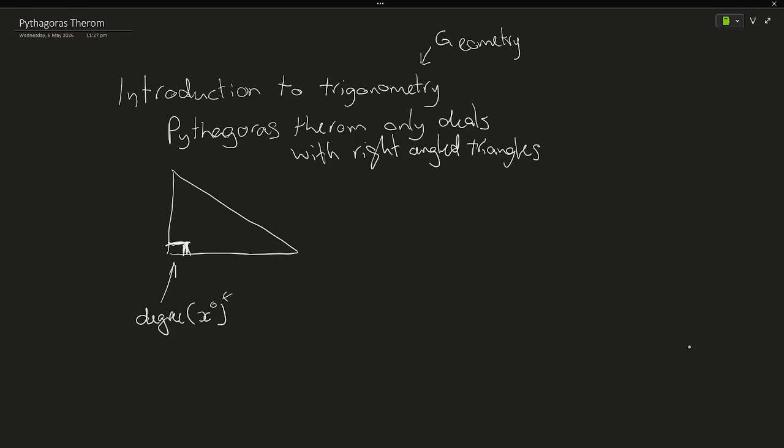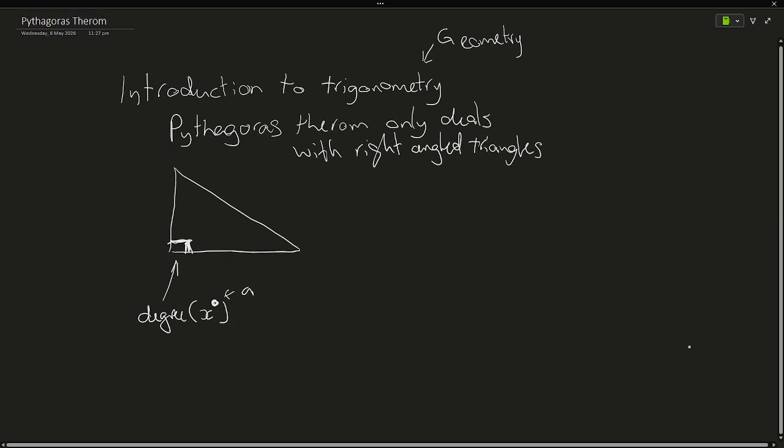The little circle above a number. But it's not talking about the temperature. It's talking about angles.